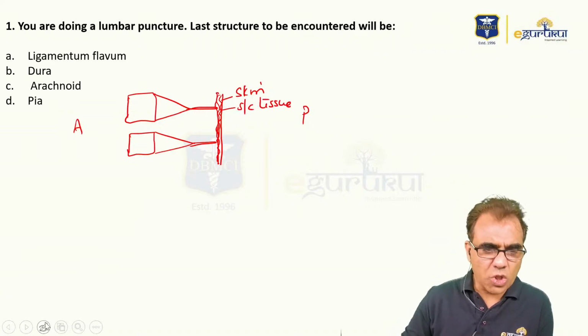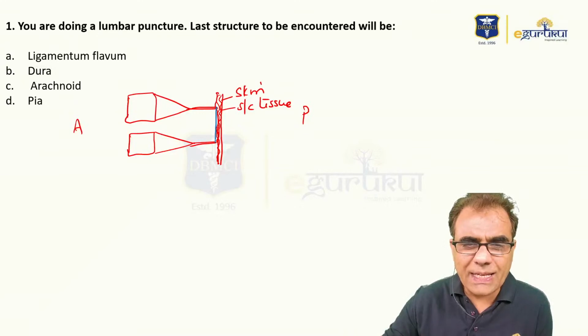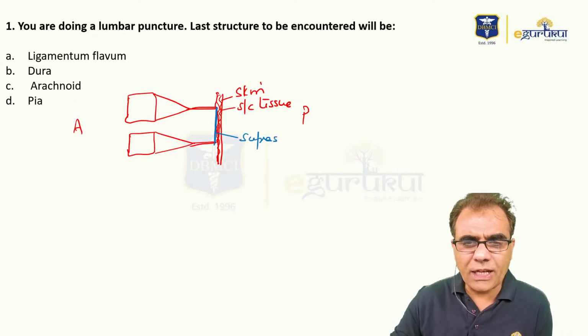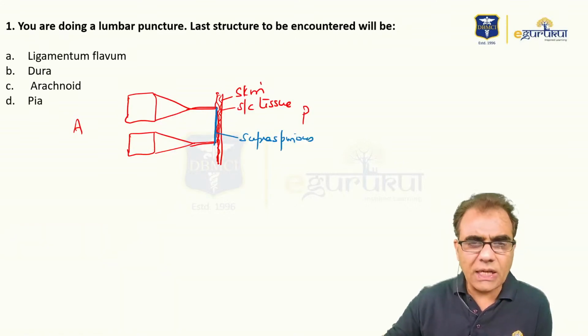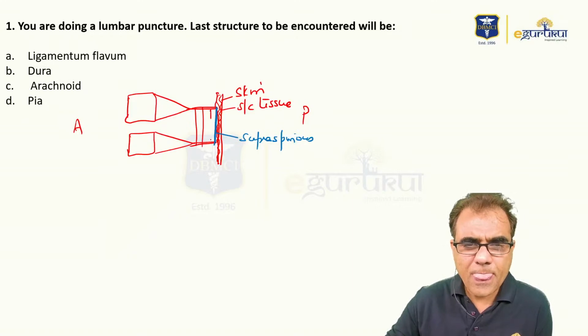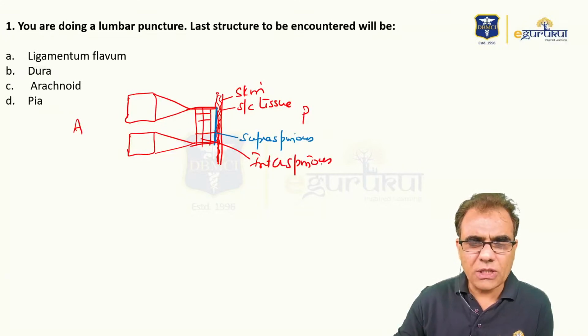After subcutaneous tissue, it will be supraspinous ligament, supraspinous, which connect the tip of spinous process. And after supraspinous, it is interspinous. So this is interspinous ligament, which connect the spinous processes.